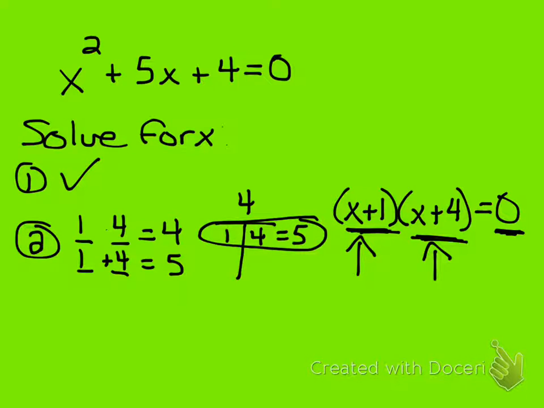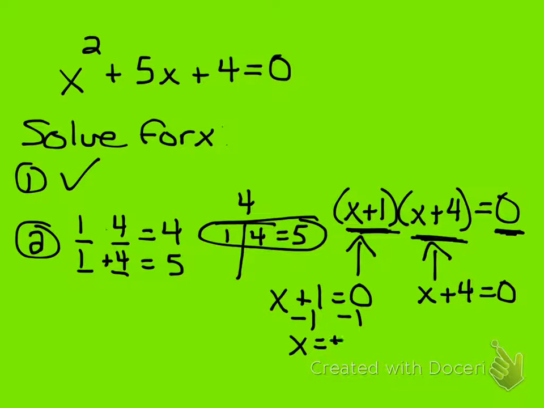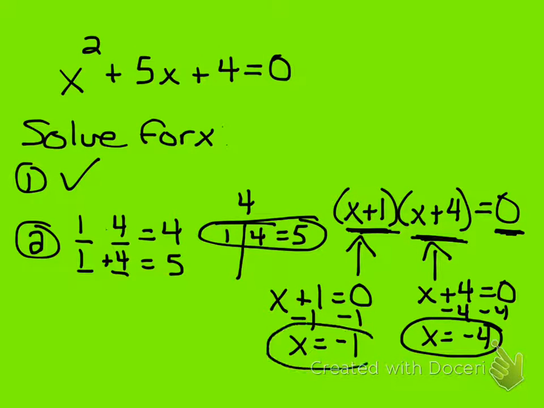So this equation is going to have two solutions, because we could either have that x plus 1 equals 0, or we could have that x plus 4 equals 0. So I'm going to solve for x on both of these. I get x equals negative 1, and x equals negative 4. These are my two solutions for x.